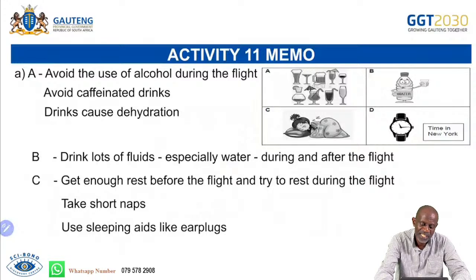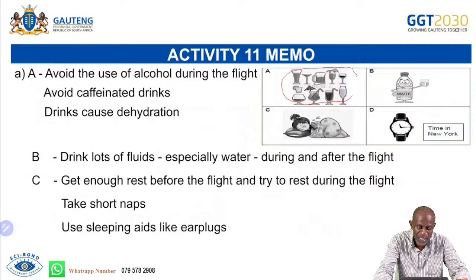Avoid caffeinated drinks. As you can see here, it's alcohol and teas. So you avoid those drinks. Drinks cause dehydration. So these are your further elaboration on why the tourists must avoid alcohol during the flight.